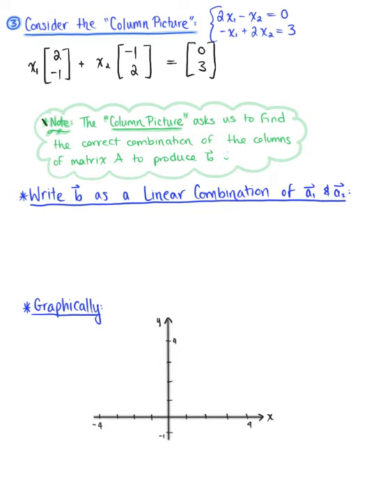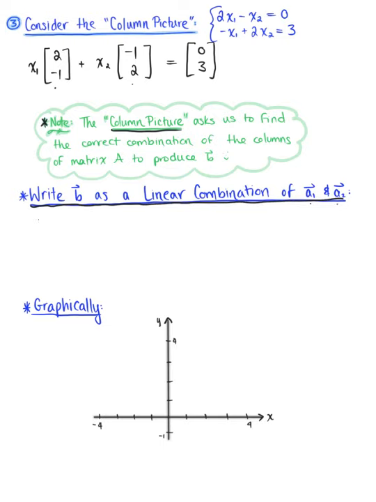As we begin, I want you to note that the column picture is asking us to find the correct combination of the columns of the matrix to produce vector B. So what is this saying? Well, this is saying we need to write vector B as a linear combination of the column vectors, vector A sub 1 and vector A sub 2.